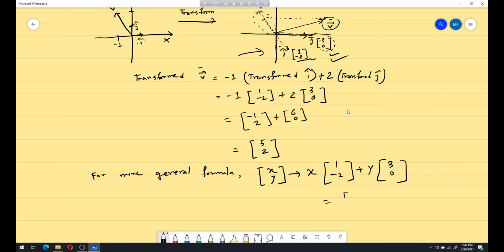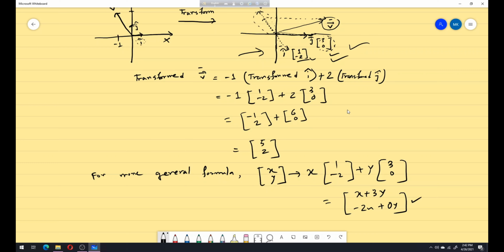So it should be x plus 3y minus 2x plus 0y, let's say. So this should be a transform vector for this particular transform 2D system. Okay.